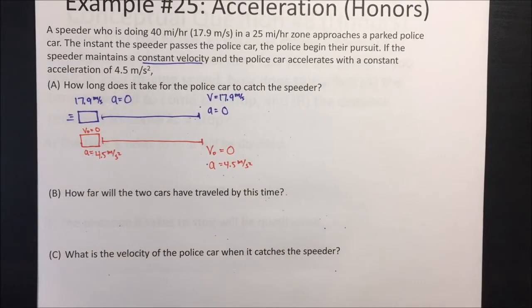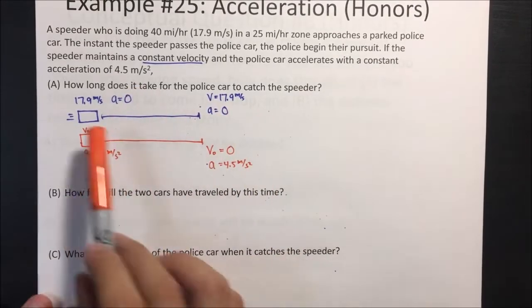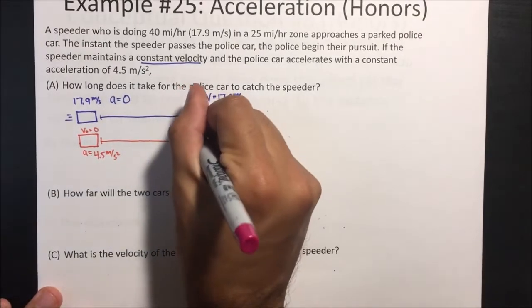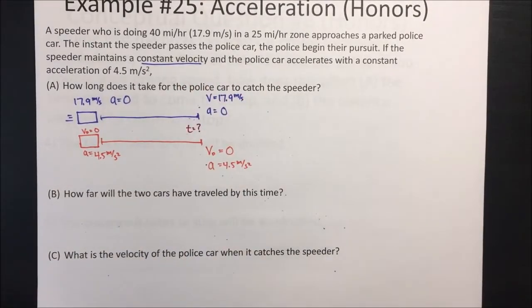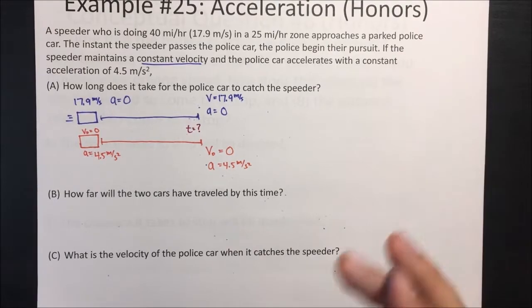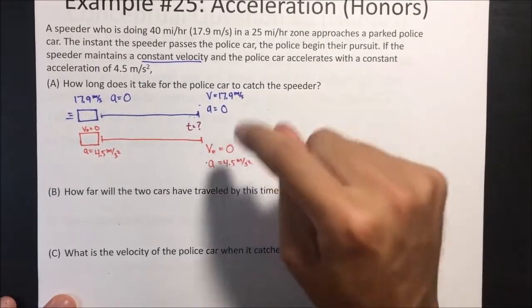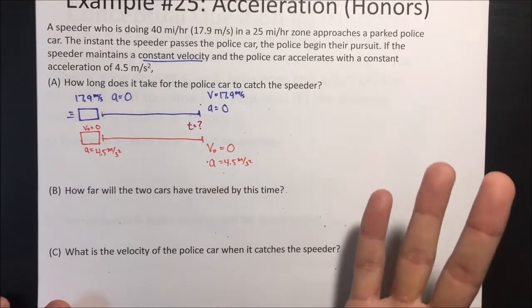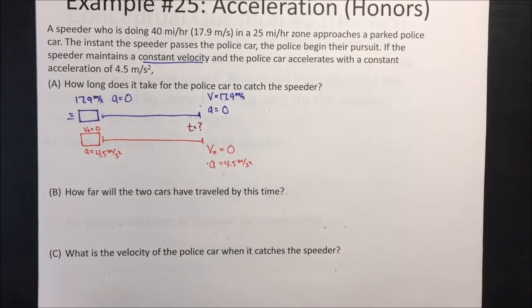And we want to know how long it takes for the police car to reach the speeder. So when they meet right here, what time is it? This is a little bit complicated because it seems like we only have 2 pieces of information for both of these people, and we need 3 to always figure out the rest.